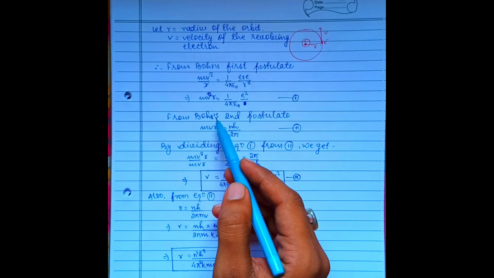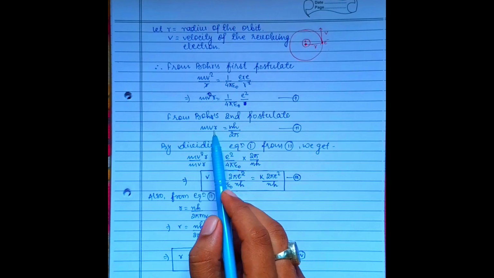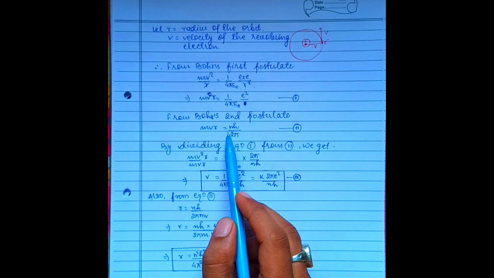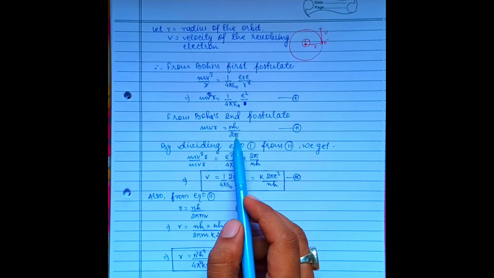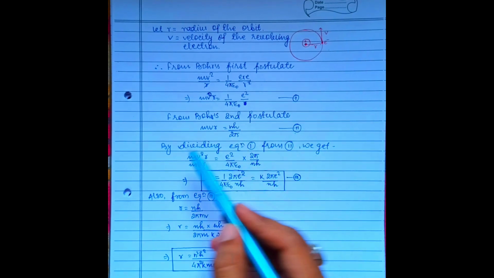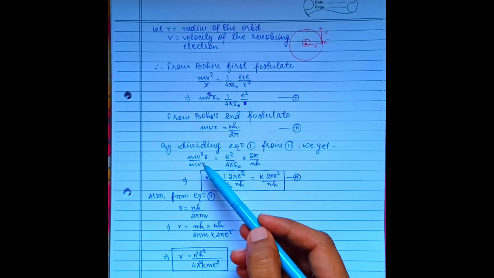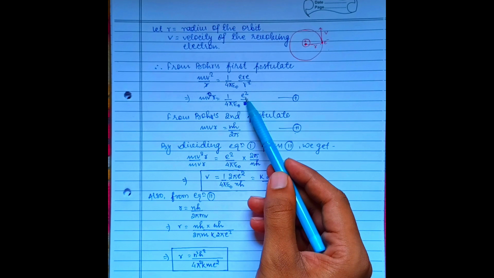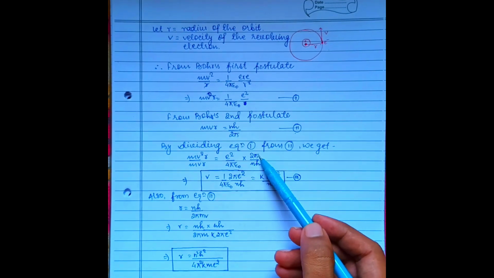From Bohr's second postulate, we know that angular momentum is equal to an integral multiple of h upon 2 pi. So mv into r is equal to nh upon 2 pi. Let us consider this equation 2. When we divide equation 1 by equation 2, that is mv square upon mvr is equal to 1 by 4 pi epsilon naught e square divided by nh upon 2 pi.